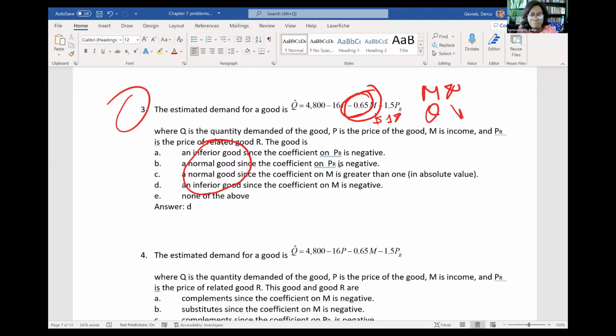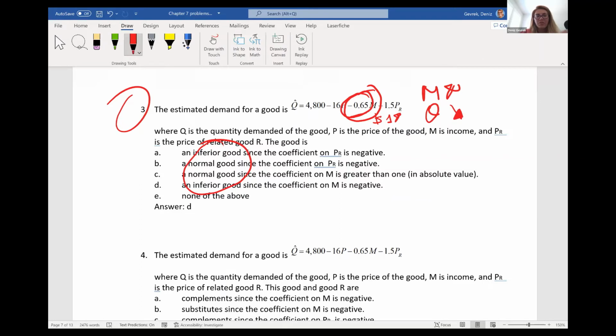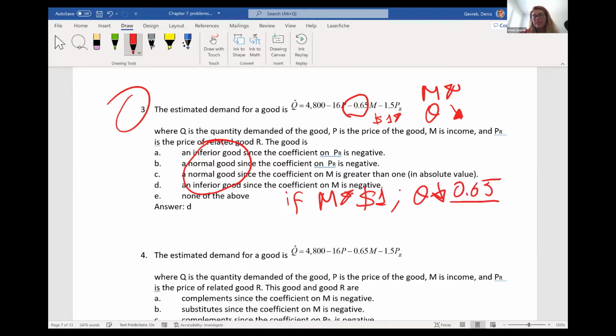Does it make sense? So the coefficient in front of it tells you how they are related negatively. I think that's the most important thing students get confused about. So if income of people goes up by $1, quantity goes down by 0.65 units. So there's a negative relationship.